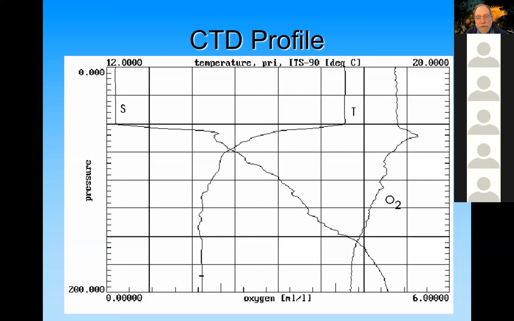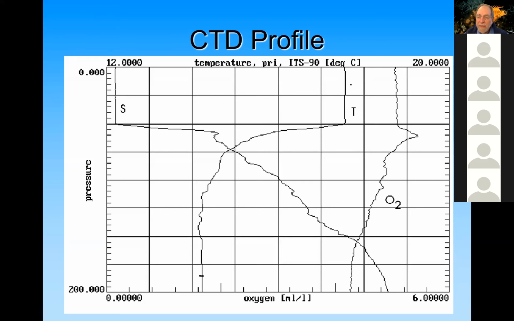So the temperature looks like it's about 16 degrees Celsius. And that temperature is constant down to this depth here. And the salinity is constant down to this depth here. How do I know it's constant? Because this is a straight line, so it doesn't change with depth.